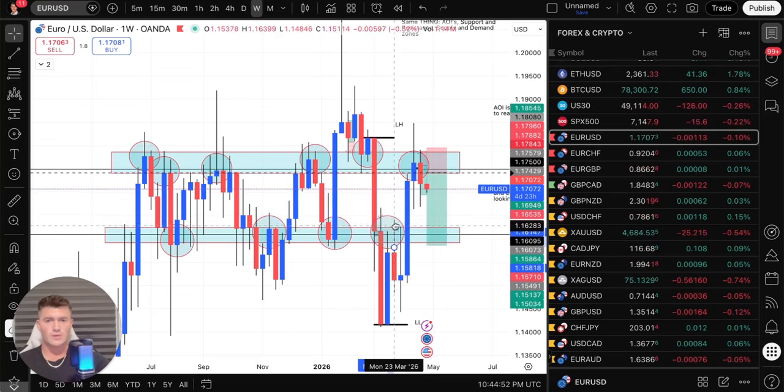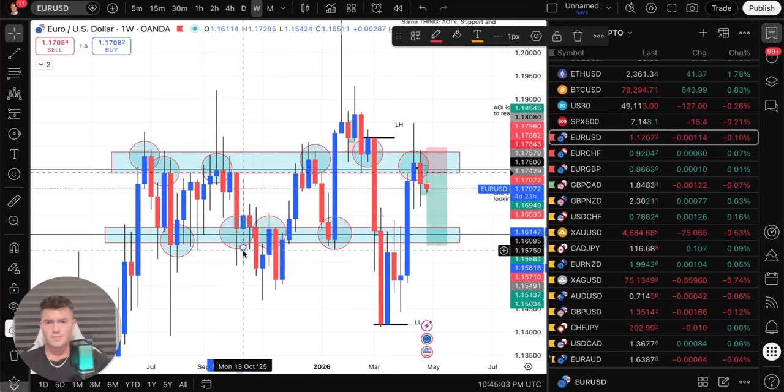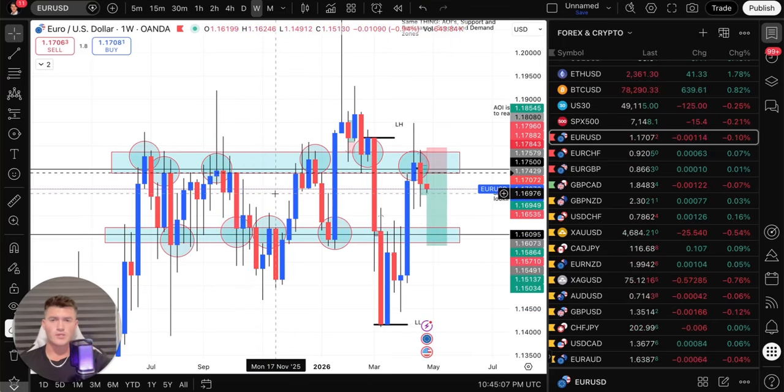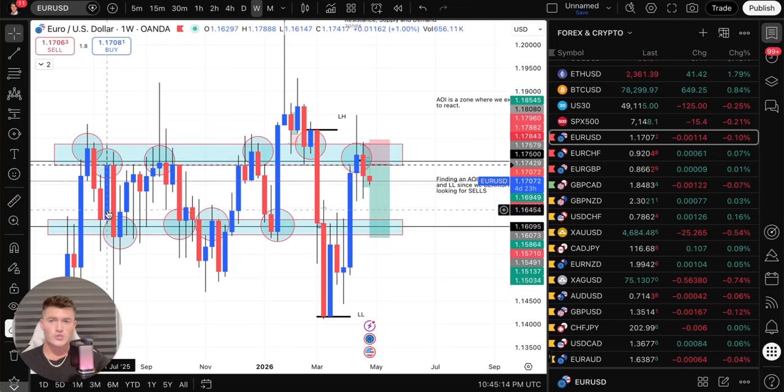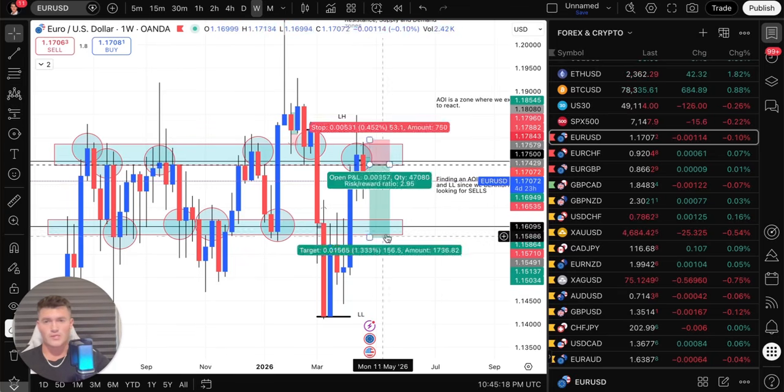I don't know if you would count this. You can definitely count it. It's a huge rejection. It reacted to this area. Put it right here. So we've got 4 separate touches to this area right here. And then we've got 6 up here. So right here, we are in a very strong zone of support and resistance.